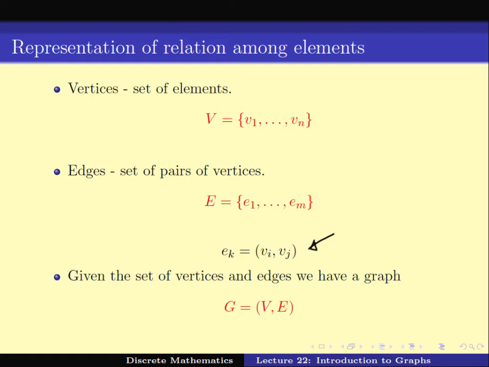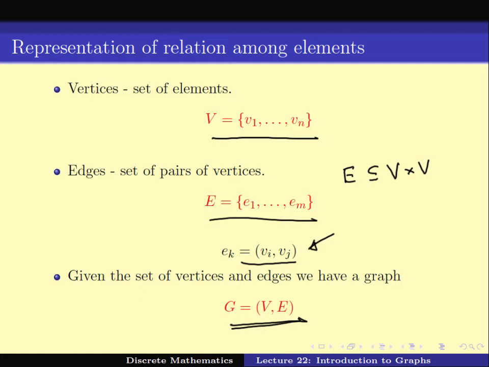So if someone gives you the set of vertices and the set of edges, then that gives us the graph, which is called G equals (V, E). So this graph is nothing but a set of vertices and a set of binary relations. So E is a subset of V cross V. Now, we can use these relations to define lots and lots of things.